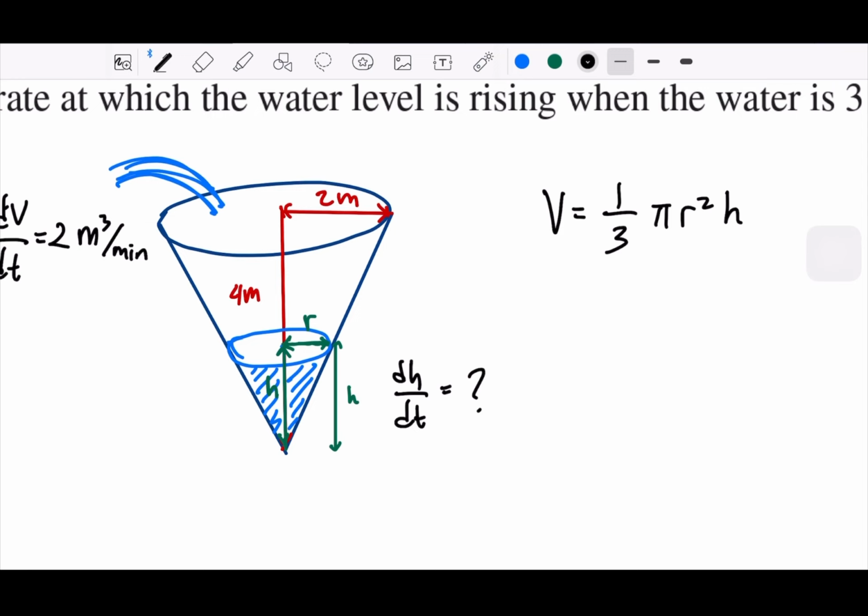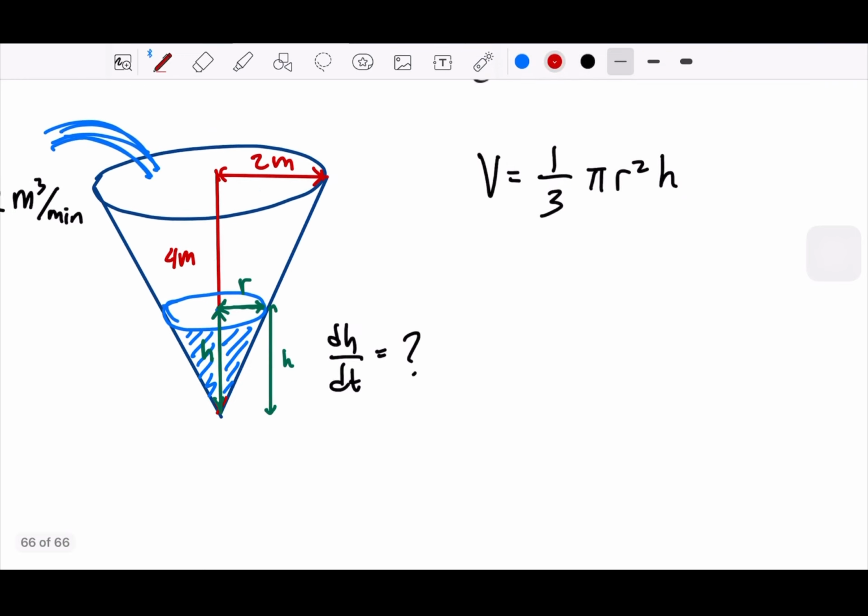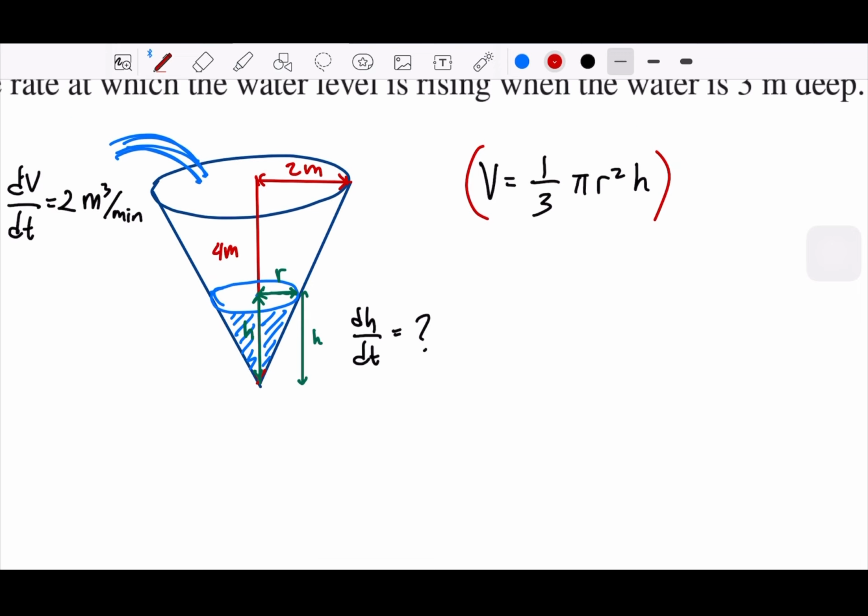So now, after we get this formulation, and we need to make sure that all the details are already written, let's take the implicit derivative with respect to t. So we will have dv over dt, this will be 1 over 3.